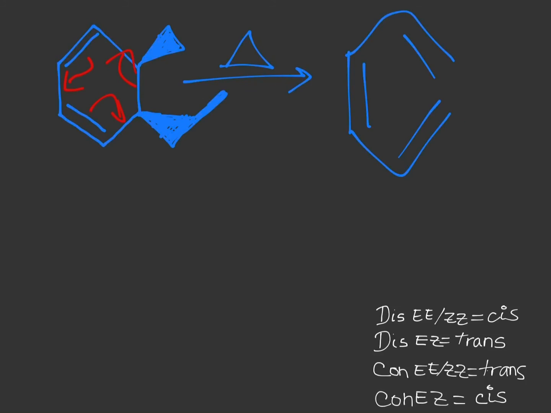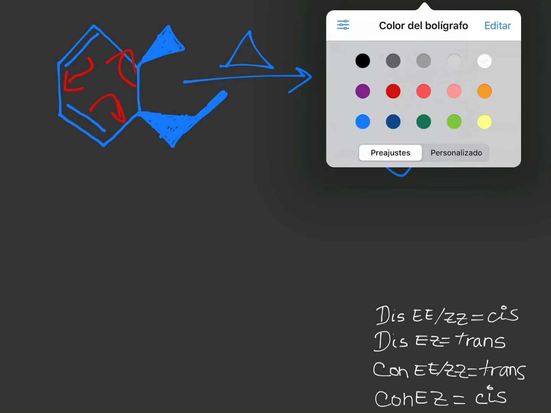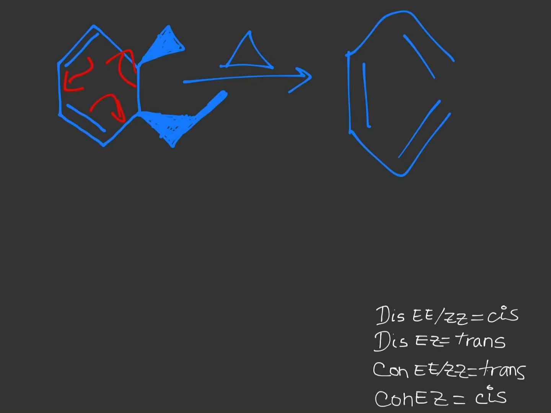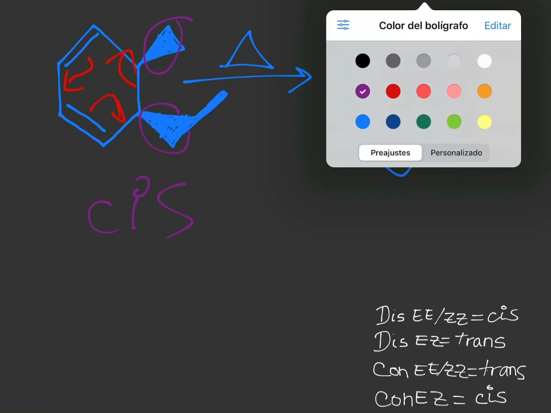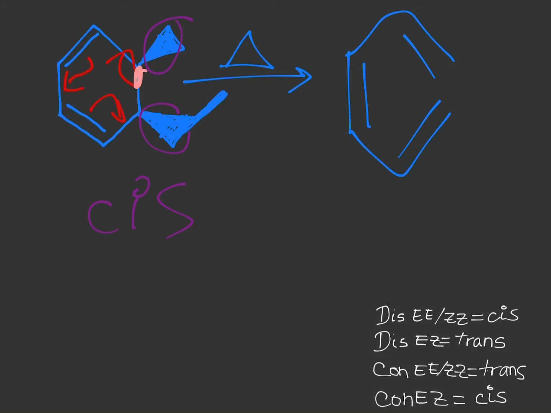Now we're gonna try to see how these groups will move in relationship to this one when it opens. So we can get our EE or ZZ or EZ.